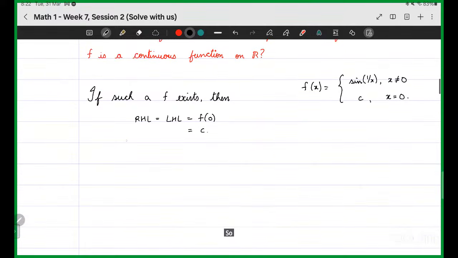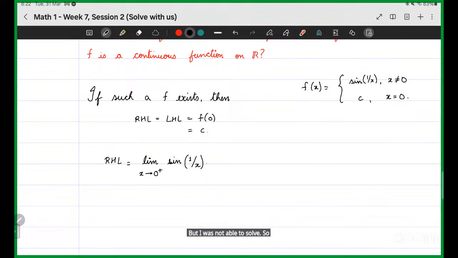So let us take one of them, RHL or LHL. This is the limit as x goes to 0 plus of sine 1 by x. That I was not able to solve.